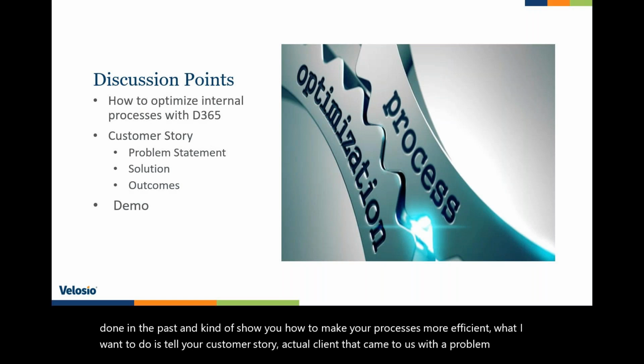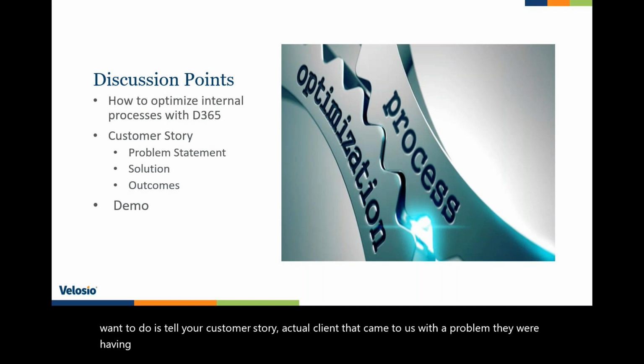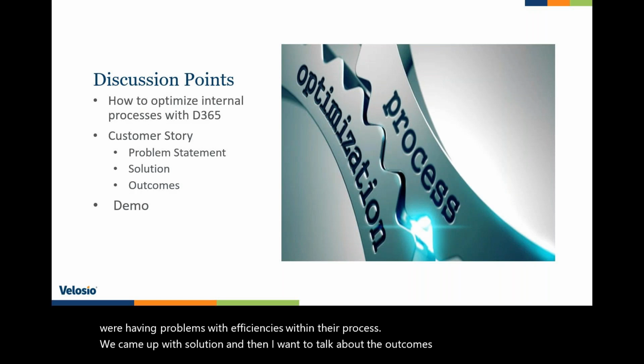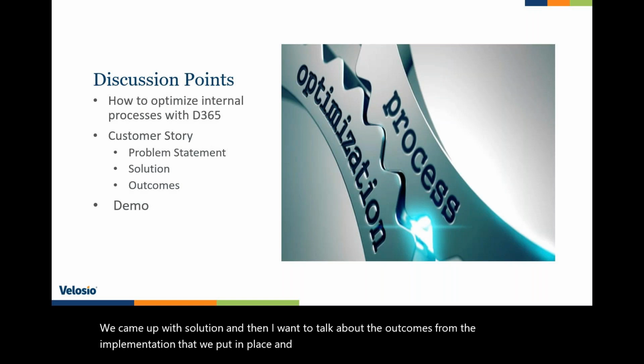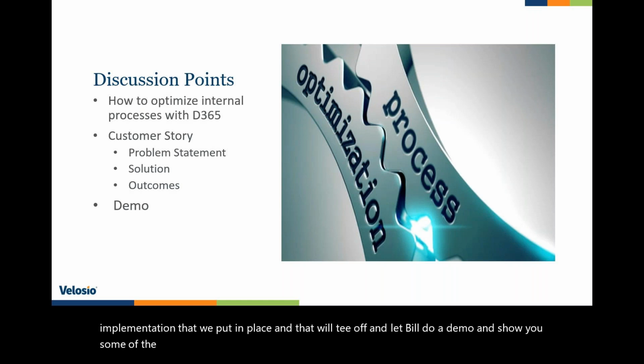They were having problems with efficiencies within their process. We came up with a solution, and then I want to talk about the outcomes from the implementation that we put in place, and that will tee off and let Bill do a demo and show you some of the native functionality of Dynamics, and these native functionalities are just out of the box pieces.